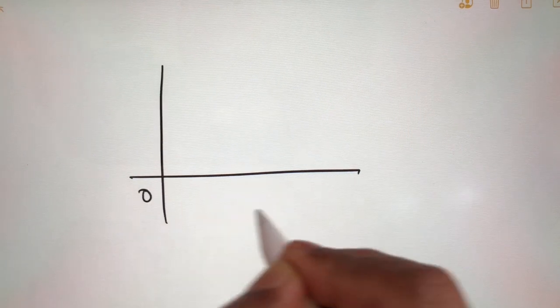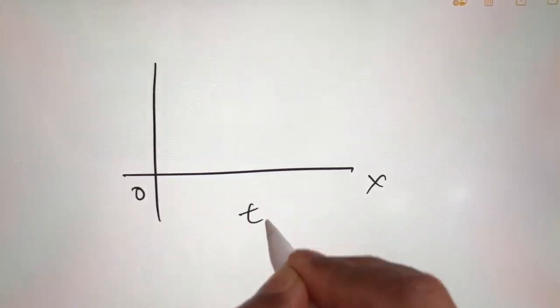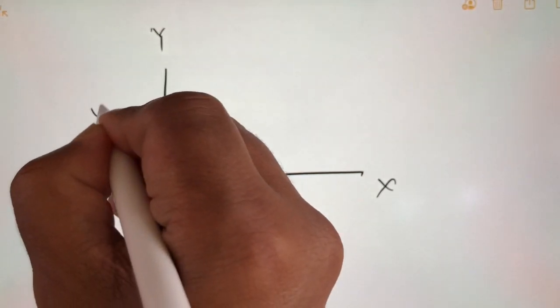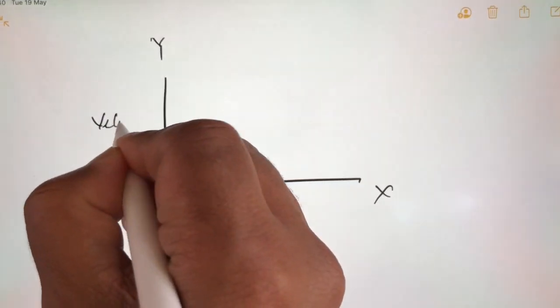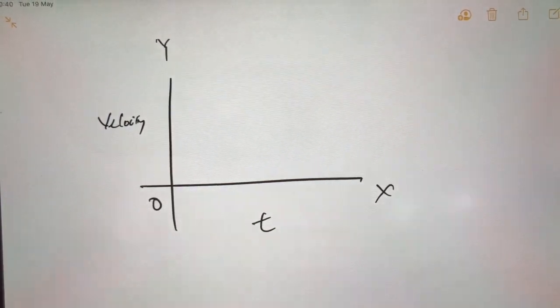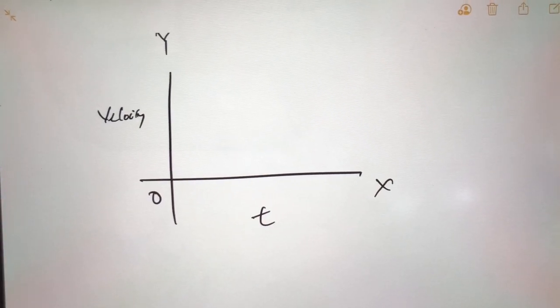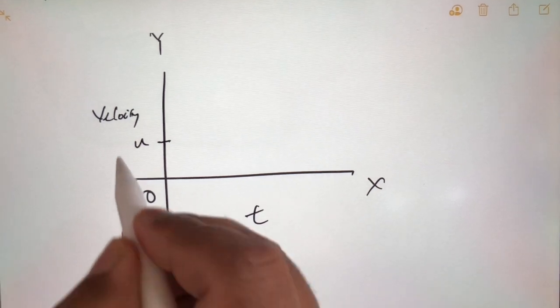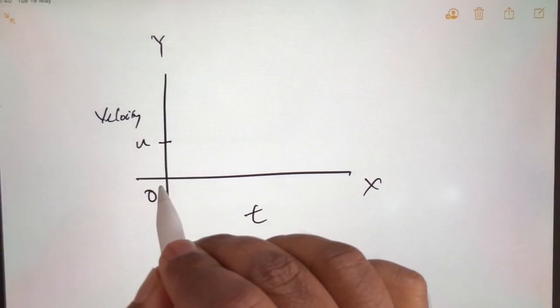Say we have time on the x-axis, and on the y-axis we have velocity. So we take a general case of a body moving with a certain initial velocity u. I say a general case because u could even be 0, in which case your graph would start from here.